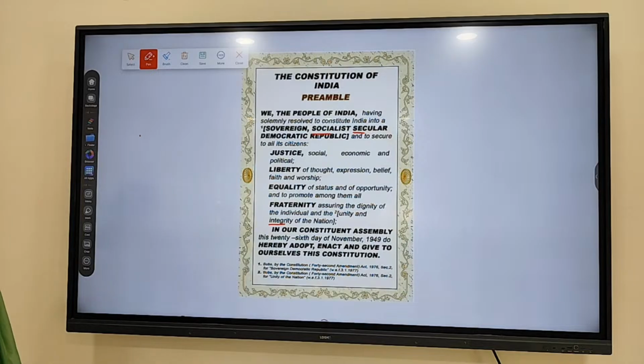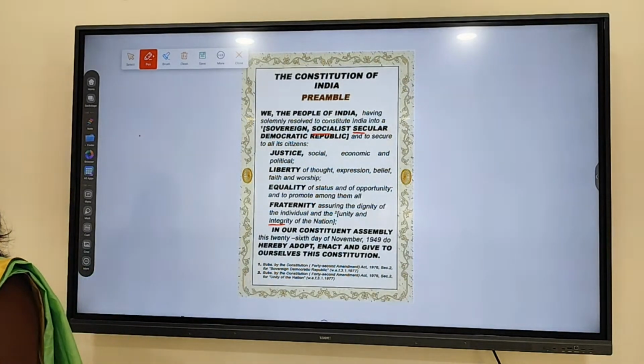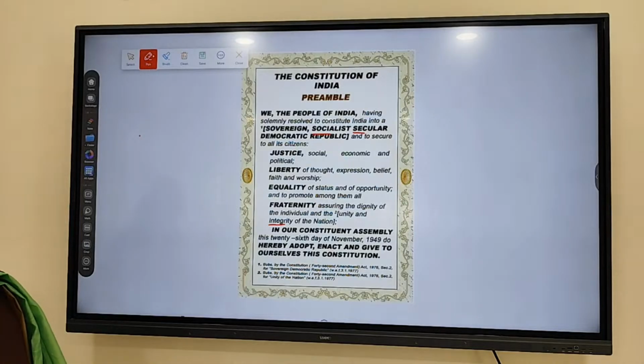America was the first country to adopt the preamble globally. The first country to adopt the preamble is America. Just write down that. American Constitution was the first to begin with the preamble.